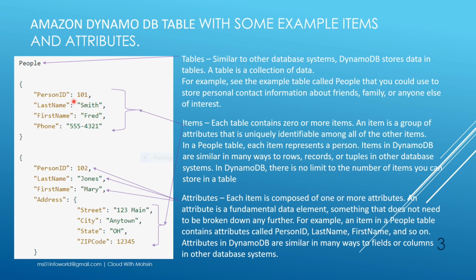Here in this example, address has multiple sub-attributes. In this case, address will be the item, and street, city, state, zip code will be your attributes. So this is a simple example of a DynamoDB table.